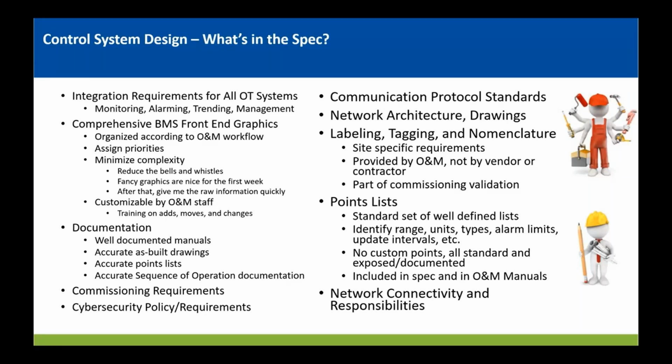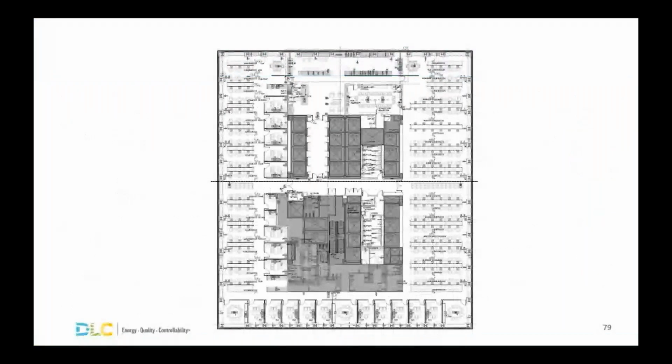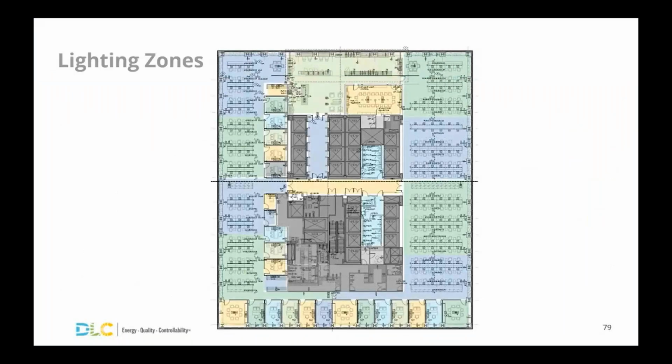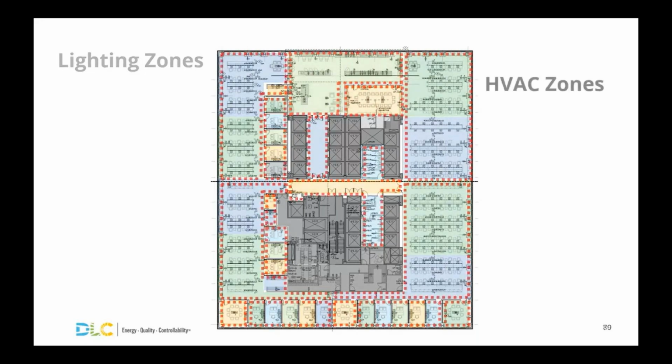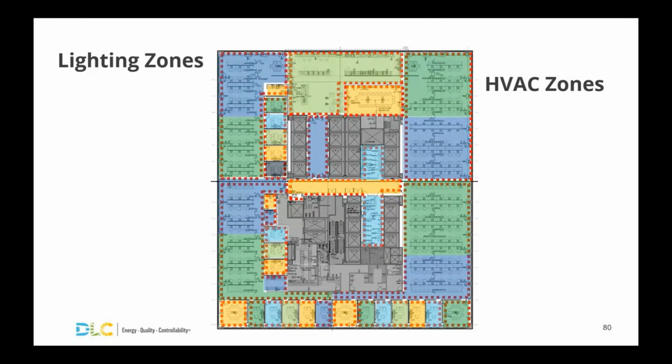And one of the challenges that we have, if you get down to the brass tacks, is if we have a building, what does that building's lighting zones look like versus what do the HVAC zones look like? And is there overlap in the design so that we can use the lighting occupancy sensor or sensors in a space to effectively change how we operate and control the HVAC system?